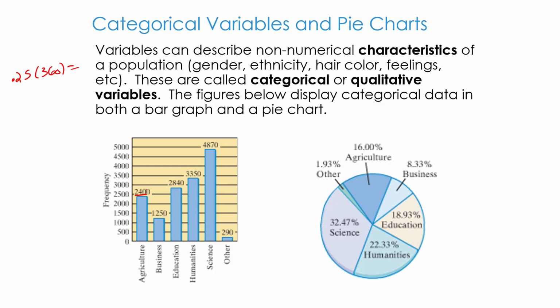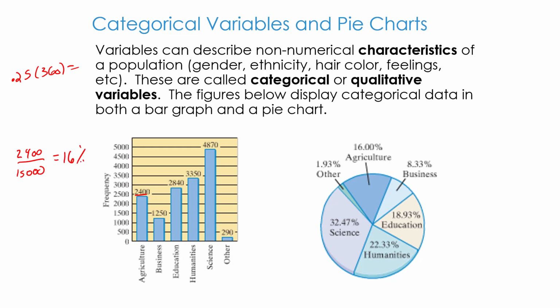And there's a total of 15,000 students, right? So if there's a total of 15,000 students, then the percent of agriculture majors is 2,400 divided by the 15,000, which is 16%.